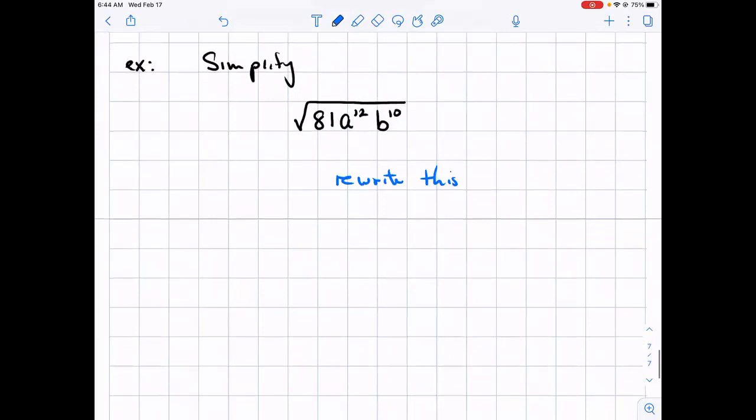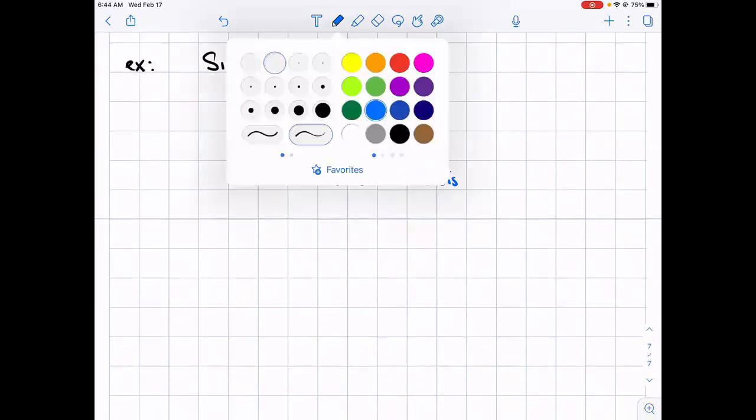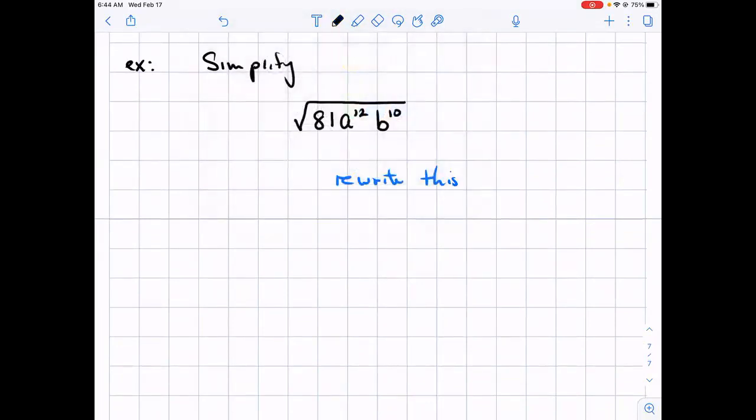We have 81, a to the 12th, b to the 10th, raised to the... remember, this is square root. We don't see an index, and when we don't see it, we know it's a 2. That's why we call it square root.